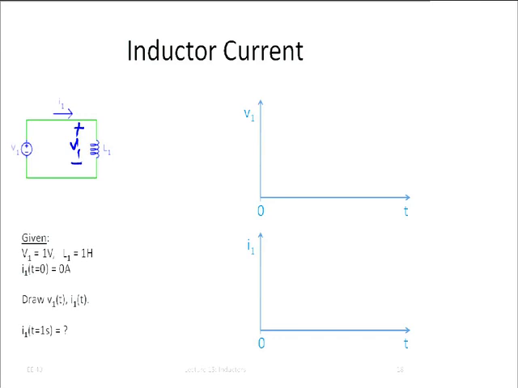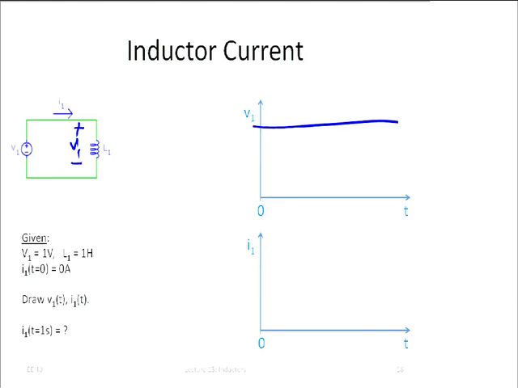If I put a resistor there, the voltage would be V1. If I put an open circuit there, the voltage would be V1. I could put anything there except maybe a short circuit. So this one's trivial. Even though there is an inductor there, it doesn't change our basic circuit understanding.